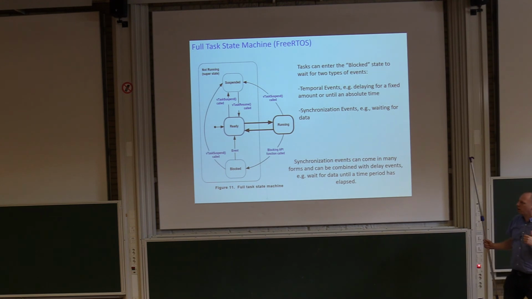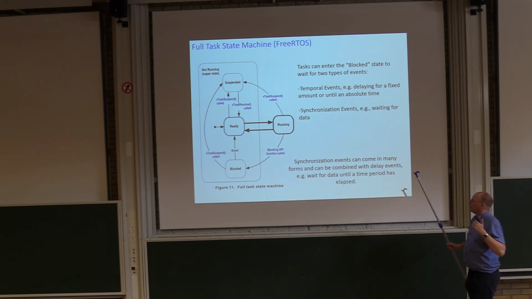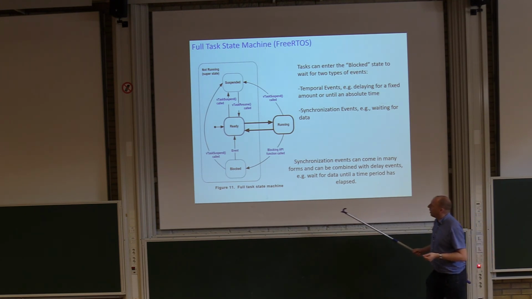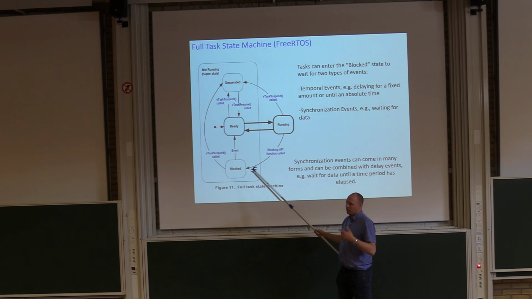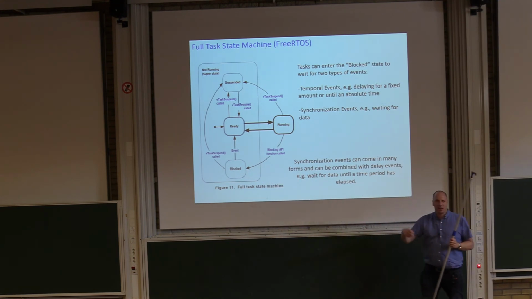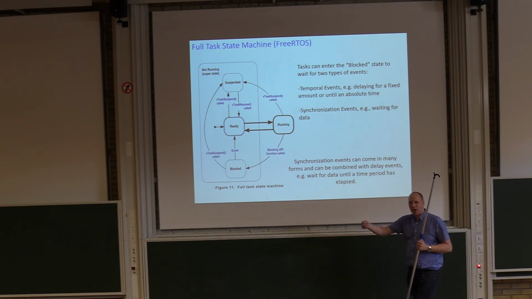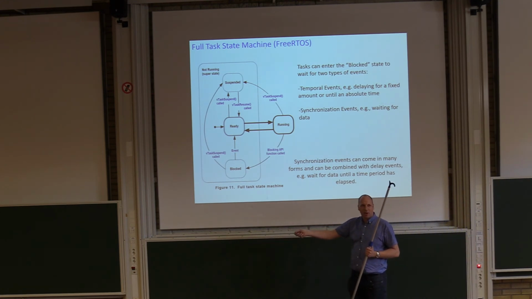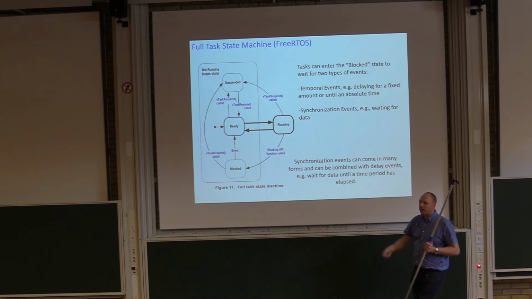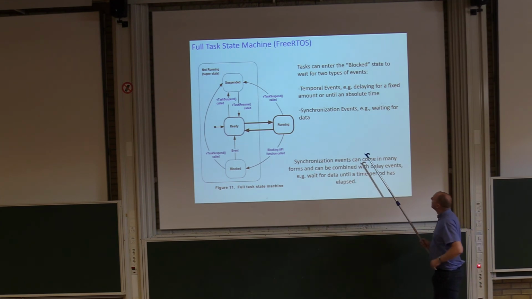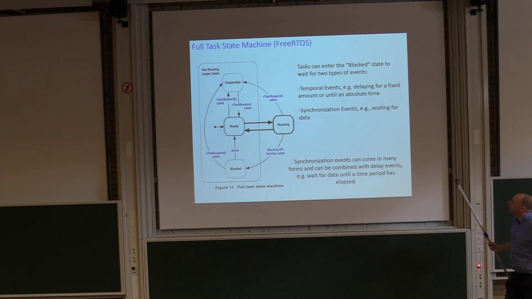Either it is because you're waiting for some temporal event, some timer to expire, or it is that you are doing a lot of computations on data, and the data is provided by some other thread, right? So now you're waiting for that data to become available, for the other thread to produce the data. This is something where you can use these semaphores that we will talk about soon as well.